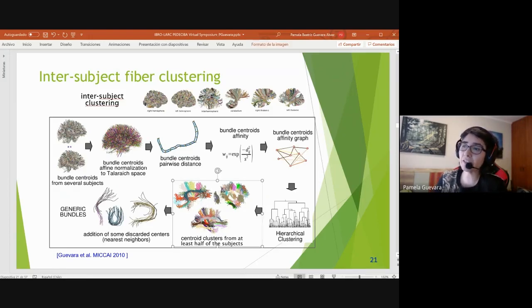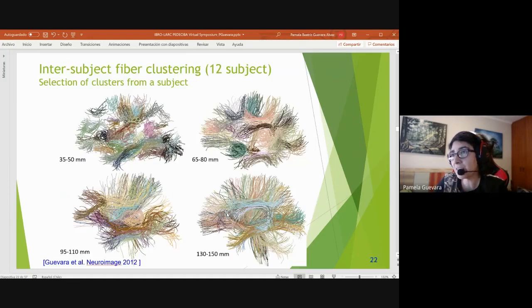We had to select only the clusters that had a good representation. It means that these are present in almost all the subjects, at least half of the subjects. And we found this kind of clusters that represent a pattern of connectivity that is present in almost all the subjects.